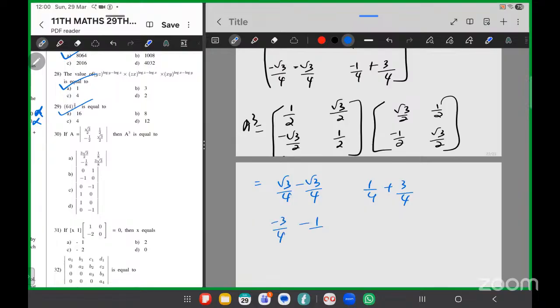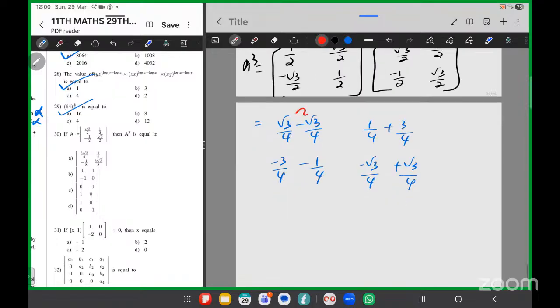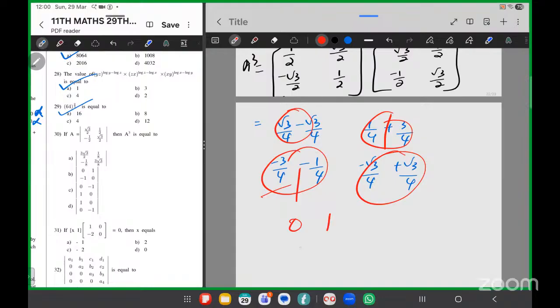This is minus 1 by 4. Here it is minus root 3 by 4. Here it is plus root 3 by 4. So you are getting 0. This is 3 by 4 plus 1 by 4 is 1. This is also minus 1. This is again 0. So 0, 1, minus 1, 0. Answer is 0, 1, minus 1, 0. So option B.